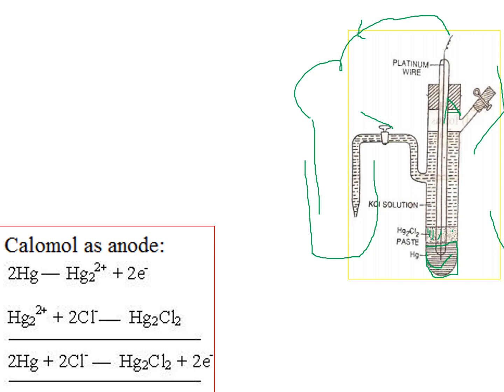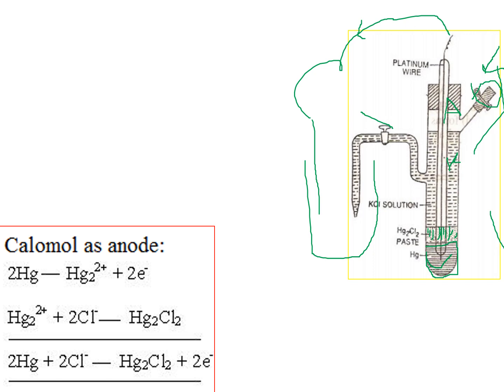Solid concentration is always equal to 1, and pure metal concentration is also taken as 1. So Hg concentration is 1 and Hg2Cl2 concentration is also 1. Using this cap, we can fill the calomel electrode with KCl solution. KCl electrolyte is filled over the mercury and mercurous chloride. This is the construction of the calomel electrode.